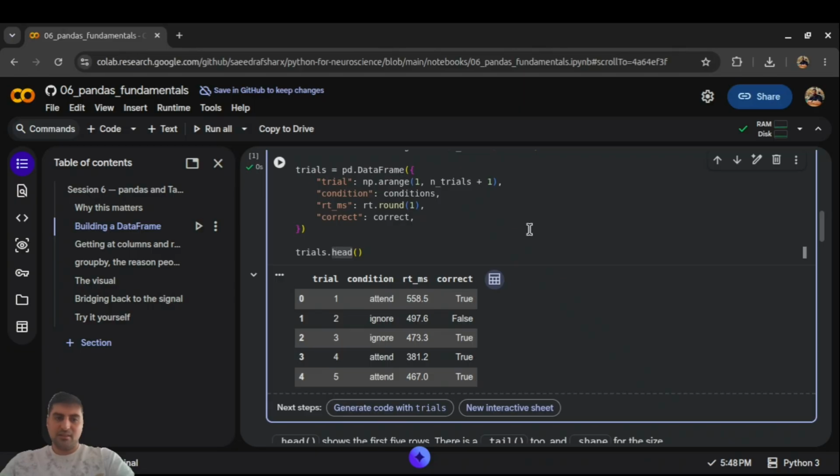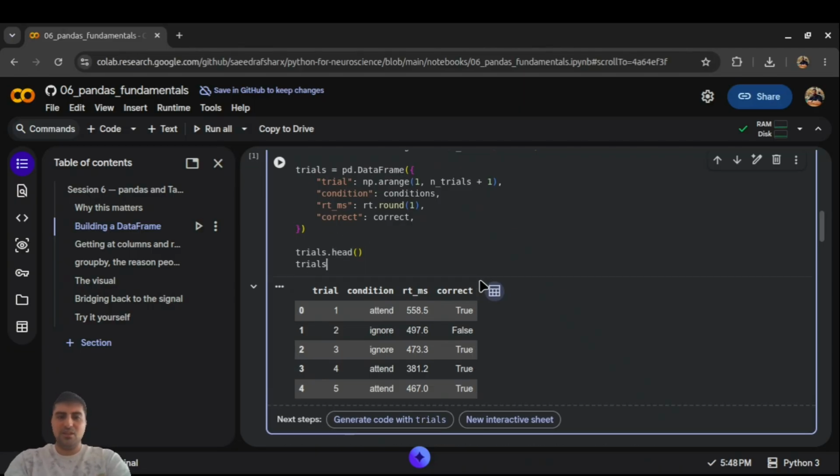There is tail also, which you can use, the exact same command, trials.tail, which gives you the last 5. And if you're being careful, sample, which gives you random rows, is much better at catching problems hiding in the middle of the file.